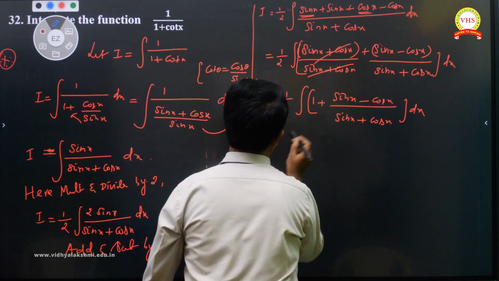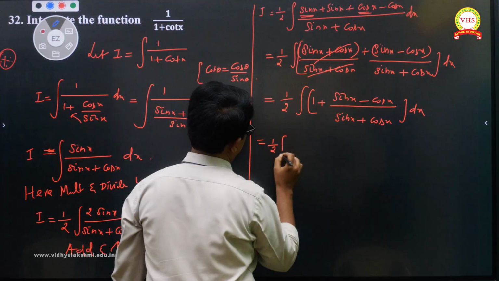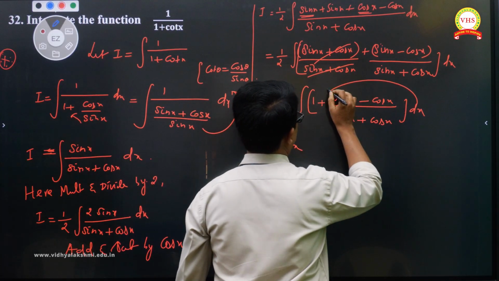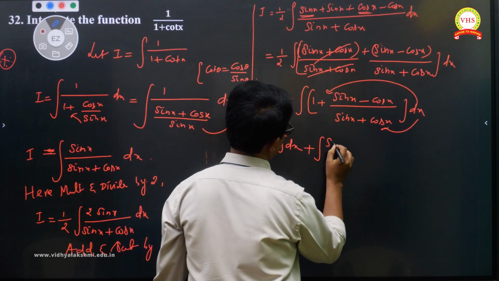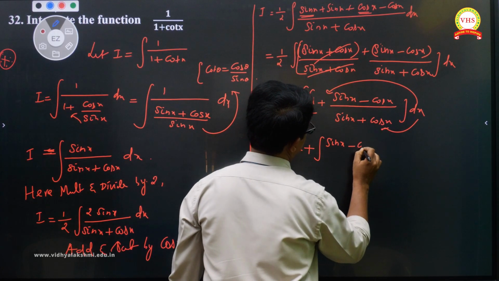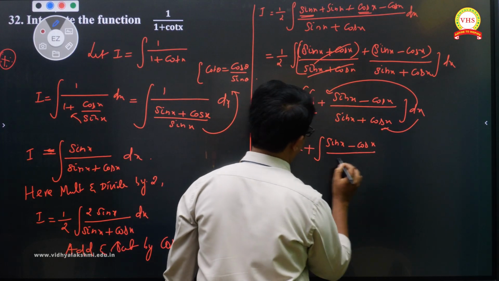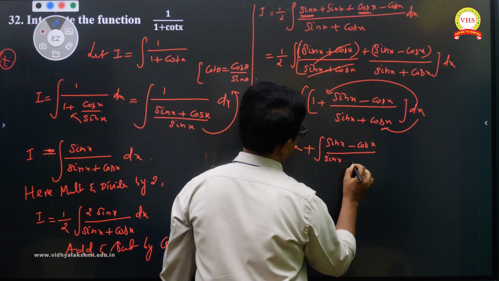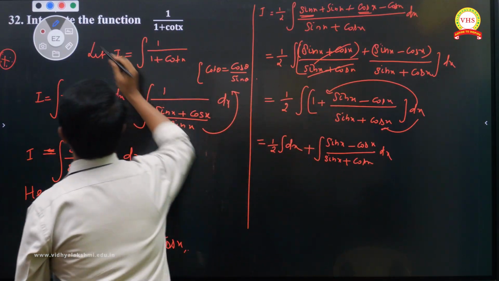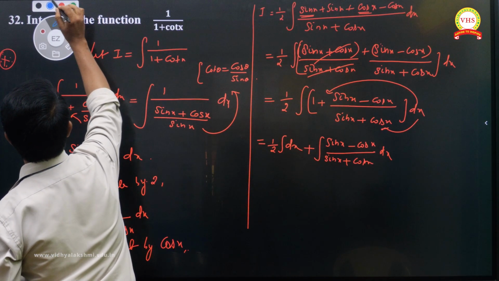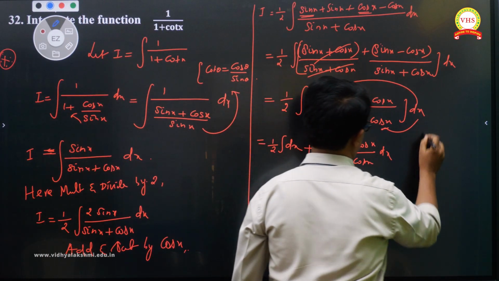Now separate the integration. 1 by 2 into integral dx, plus integral of sin x minus cos x divided by sin x plus cos x dx. Now we change the second integration to t.